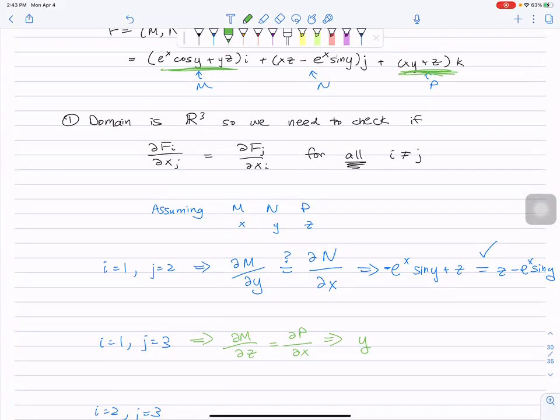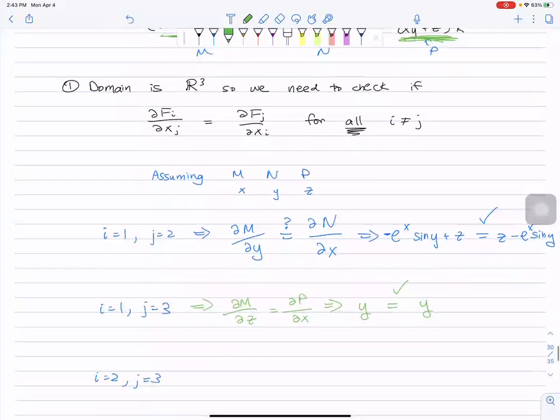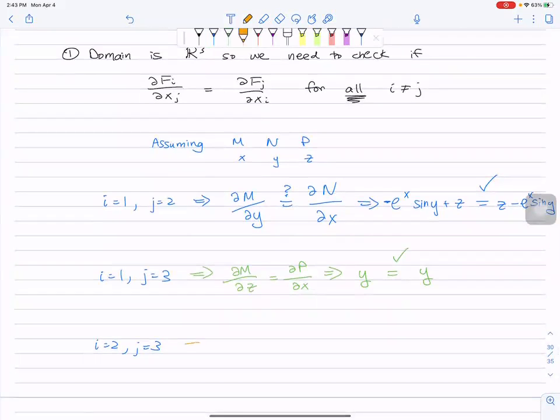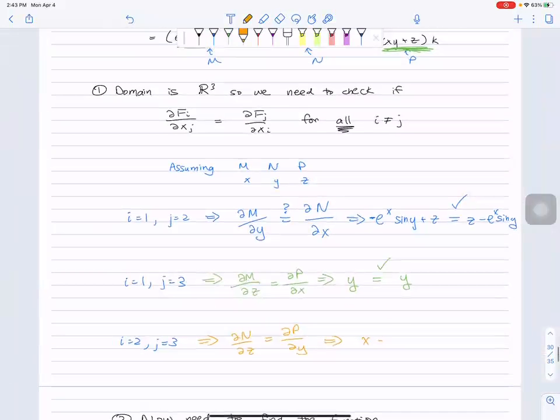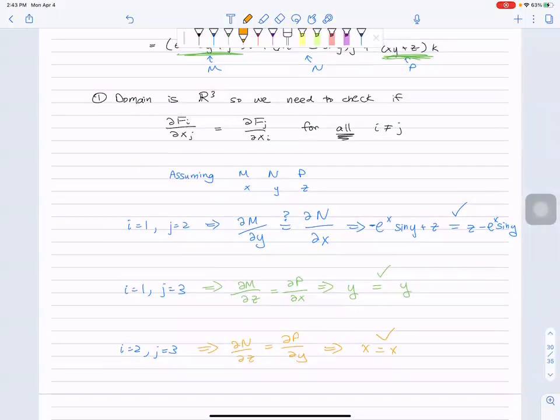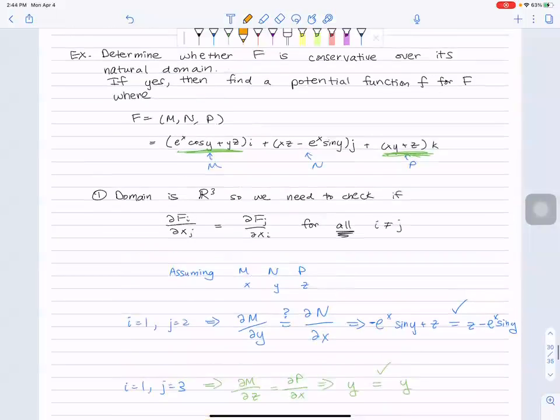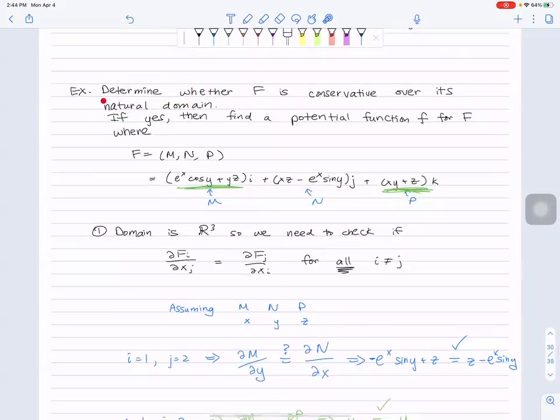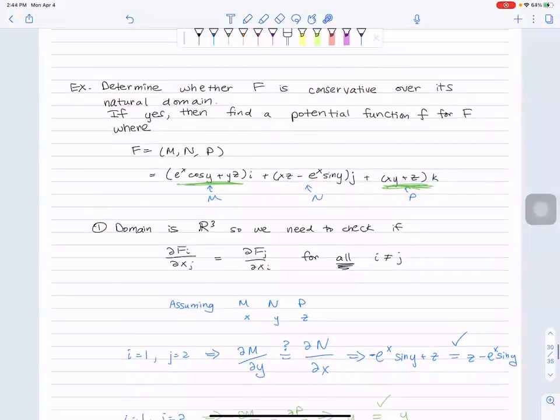There's also an xy, so the partial is y, and they are equal. The last thing we check is the partial of n over z. Is that equal to the partial of p over y? We get x equals x, so that's also true. So by checking these conditions and the fact that they're met, we know that capital F is conservative over its domain.